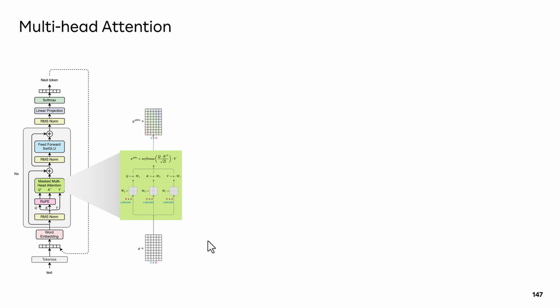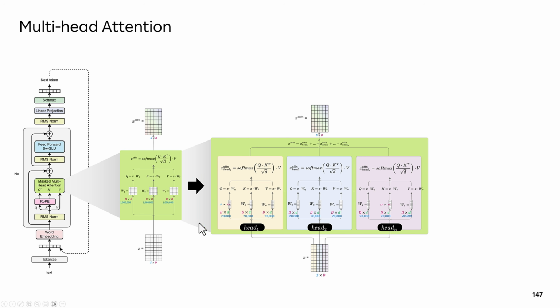Now, in multi-head attention, what you do is you take the input embedding and instead of passing it through just one self-attention head, you slice the input word embedding into multiple slices, and each slice is picked up by its own self-attention module. And then all of those self-attention modules calculate the self-attention across only a subset of the dimensions. And then once they are done with the self-attention calculations across just those subset dimensions, they are all joined together again. And then you get the final context-aware embedding matrix.